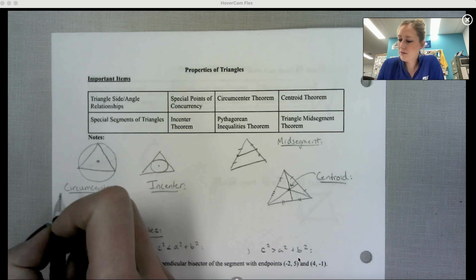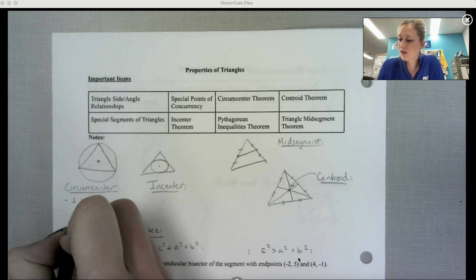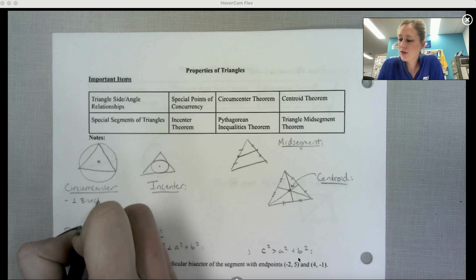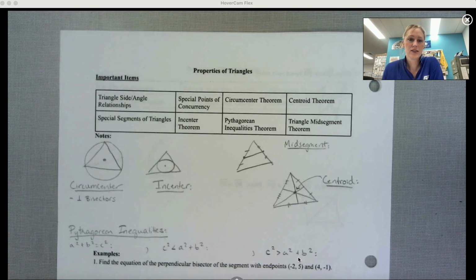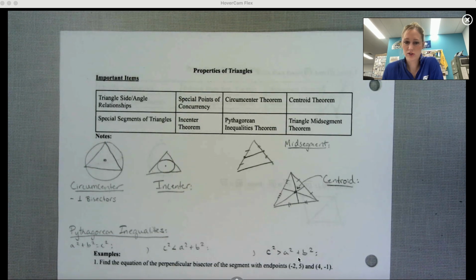So the circumcenter, remember, is formed by perpendicular bisectors. Where those intersect each other, that point of concurrency is called the circumcenter.